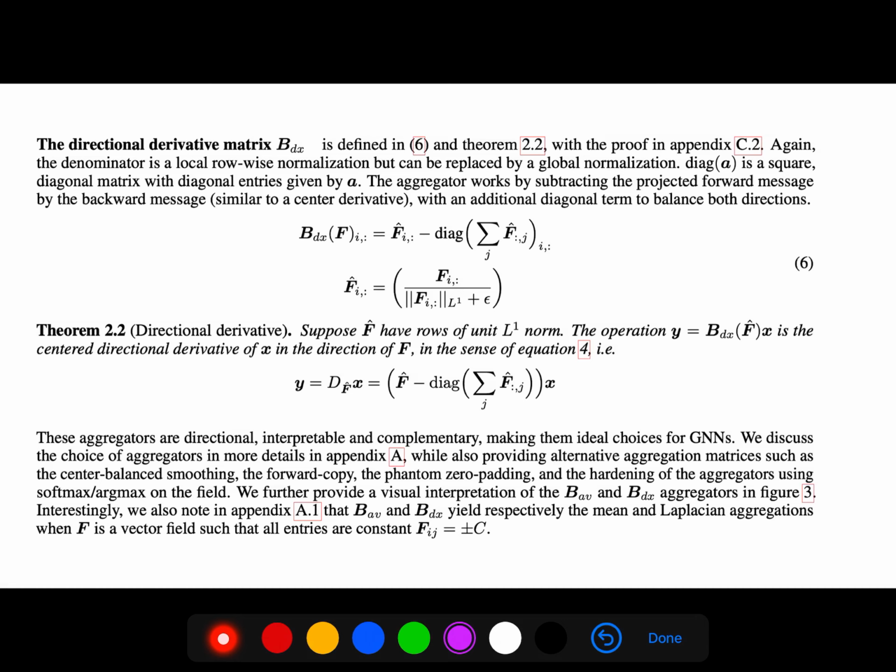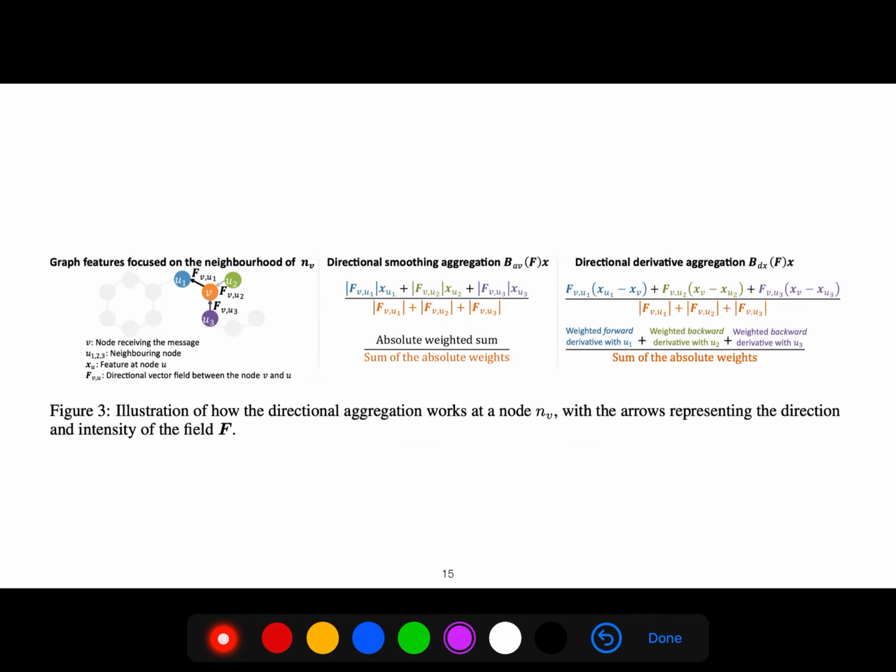Then they define the directional derivative matrix B sub dx. So this is an illustration of how directional aggregation works at a node, with arrows representing the direction and intensity of the field.